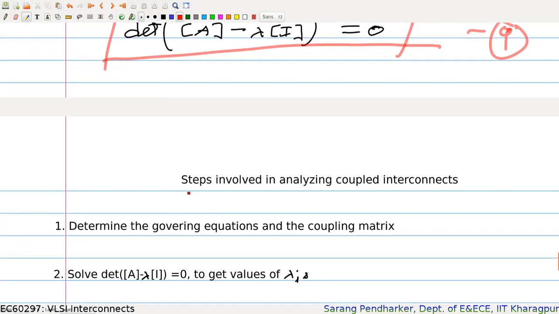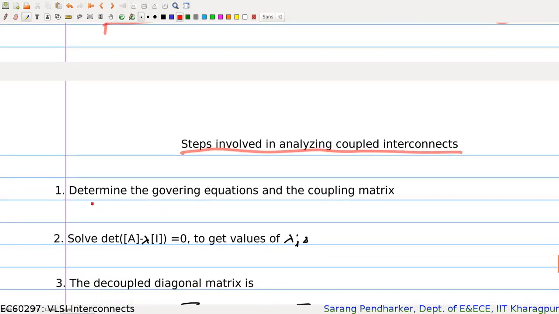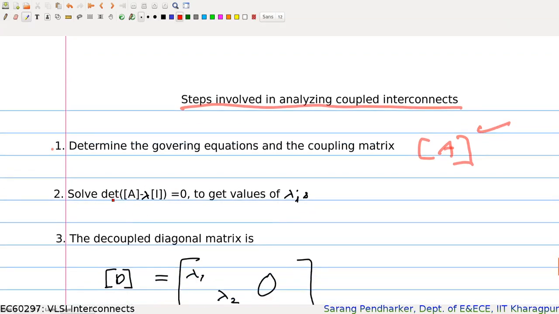Let me summarize the steps involved in analyzing coupled interconnects. First, determine the governing equations and get the coupling matrix. Then, once you have this A, you solve the equation determinant of A minus lambda I, where I is the identity matrix of the appropriate size.